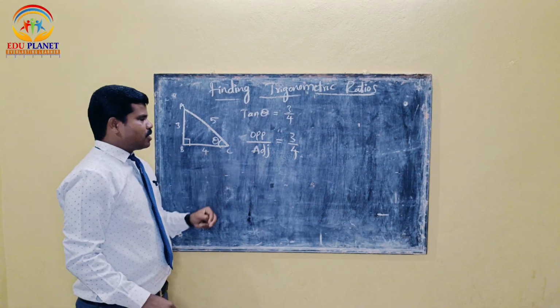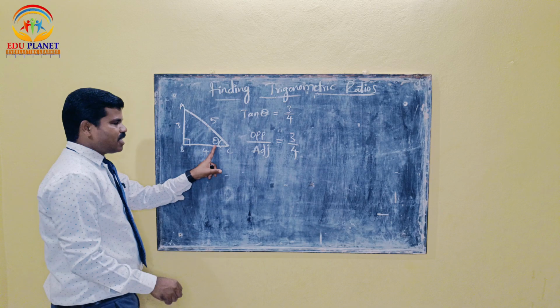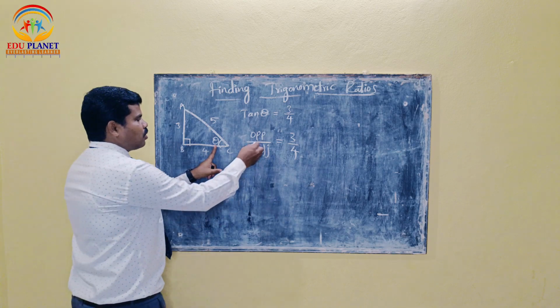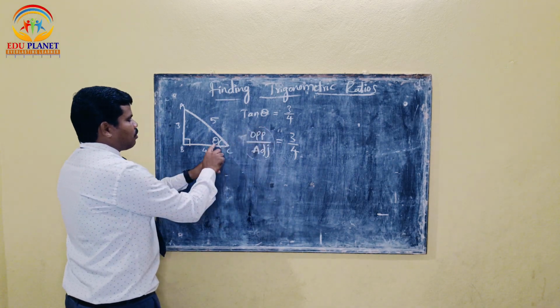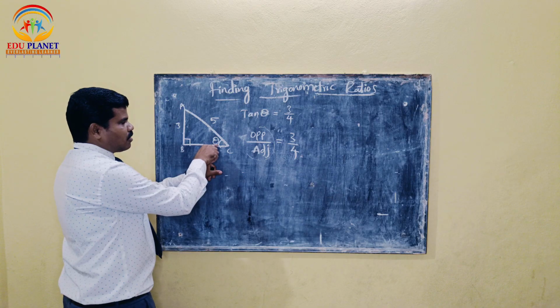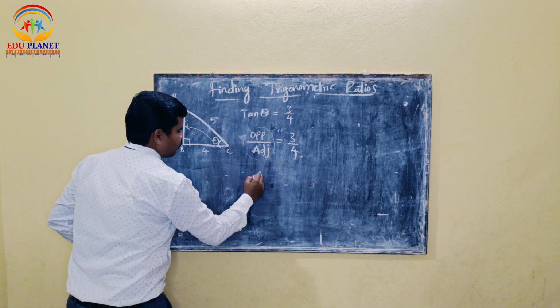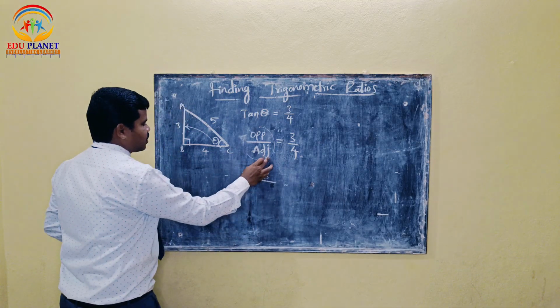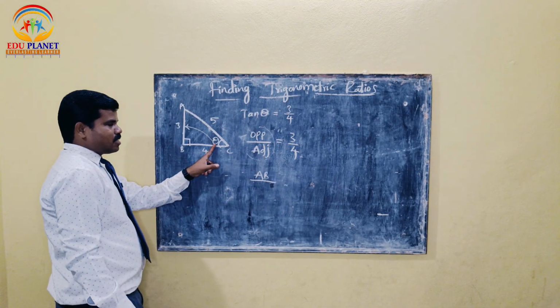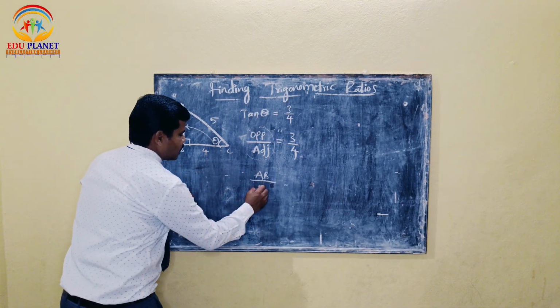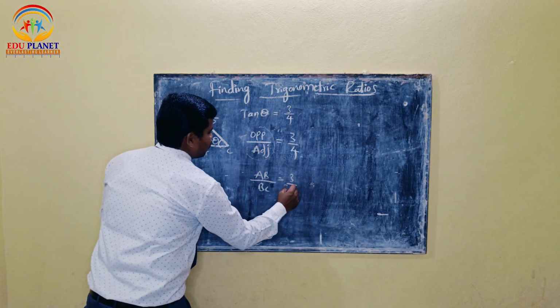We'll see what the opposite side is here. By considering theta, we have to observe these two sides. For theta, the opposite side is AB, and the adjacent side for theta is BC, equals 3 by 4.